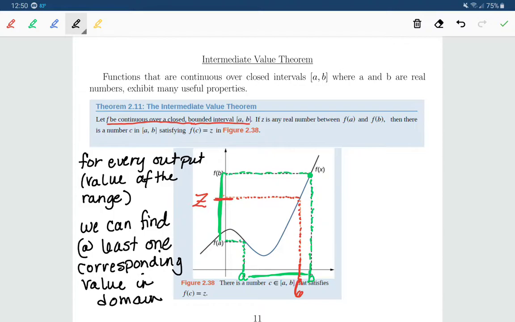So a few things to note here. One, this is just an existence theorem. It just tells us that c exists, that this value in the domain exists. It doesn't tell us how to find what that value is. And two, we should note that there could be more than one value of c.